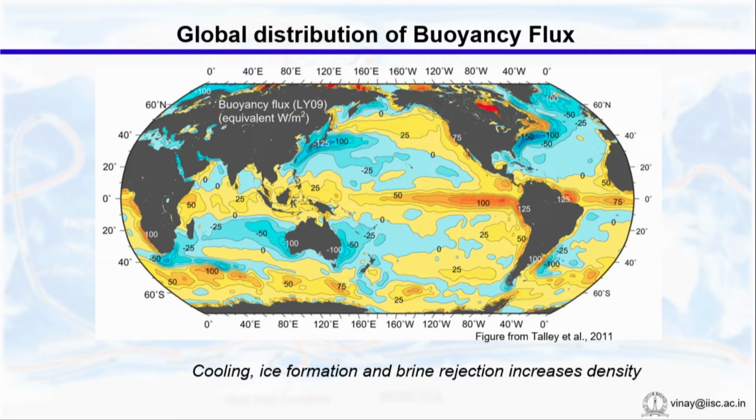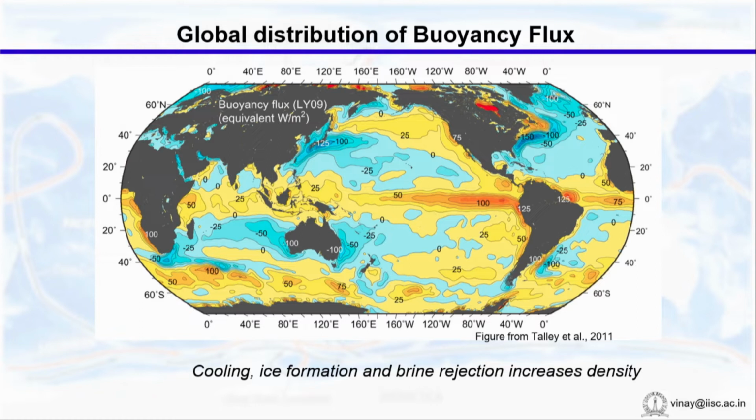This figure shows you a global distribution of buoyancy flux. The units here, for convenience, are watts per square meter. The regions where the shading is yellow and red show where the water is buoyant. Wherever the shading is blue and green, there is negative buoyancy and the water parcel is heavier compared to its surroundings.